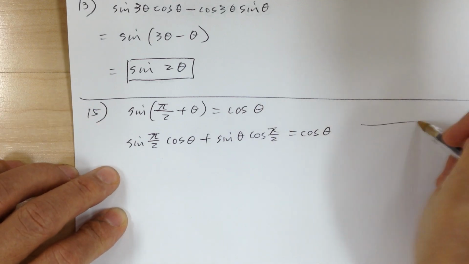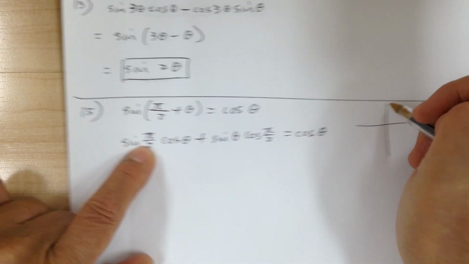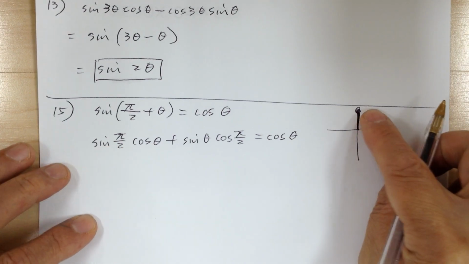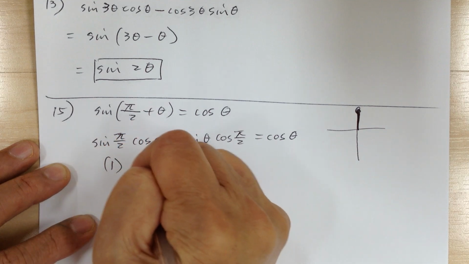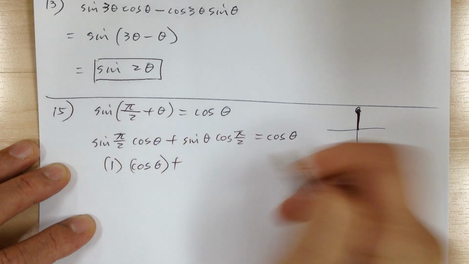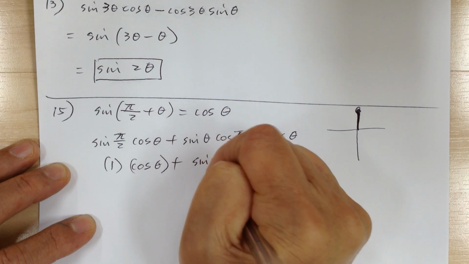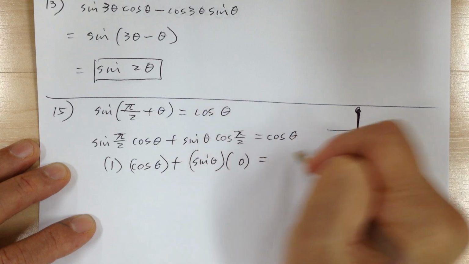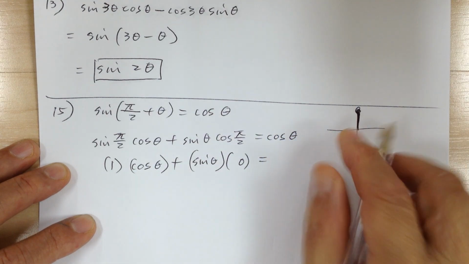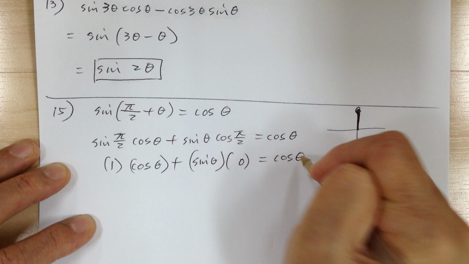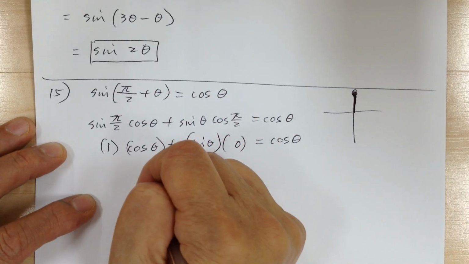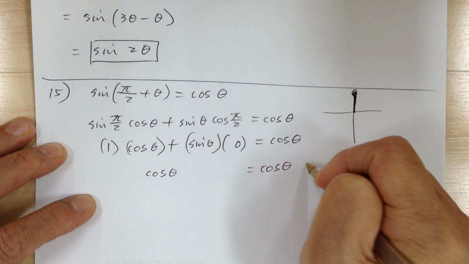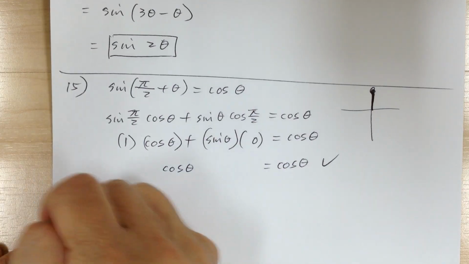Now if you draw your angle, the pi over 2 is right over here, so that's the position. Sine of that will equal 1, and this is sine theta. Now cosine at this position equals 0. Again, cosine is horizontal, so there's no horizontal. And so when you simplify, you're just going to get cosine theta equal to cosine theta. Check.